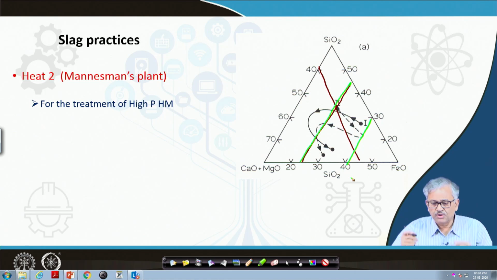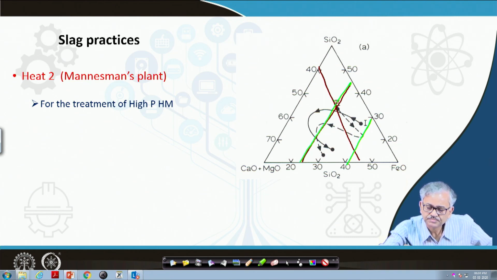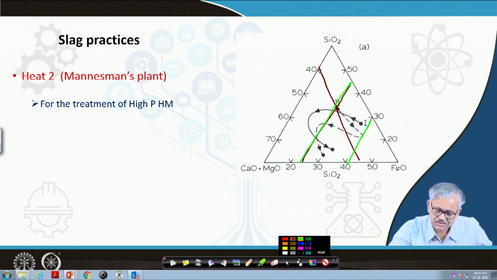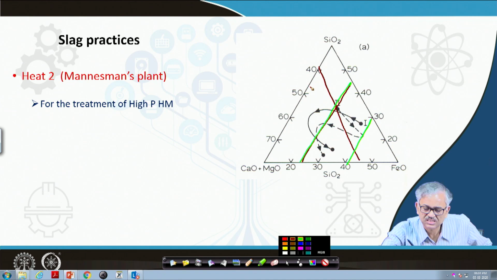A lot of FeO has formed, and your basic oxide was like this. During the soft blow period, you are evolving FeO in the slag, and the slag is moving in this direction. That means the CaO percentage is increasing progressively.